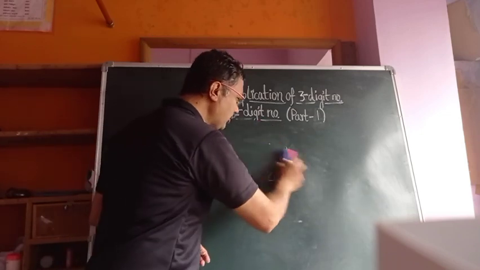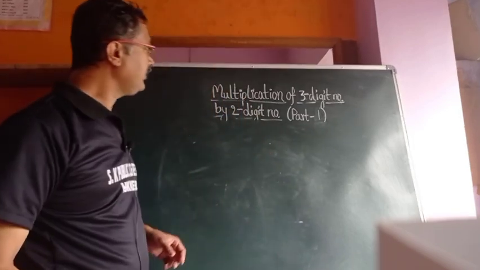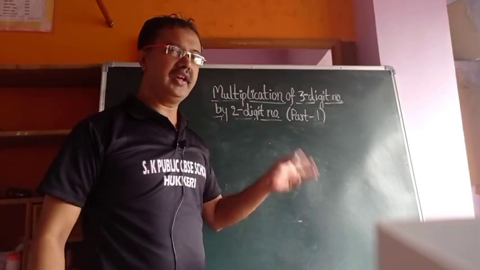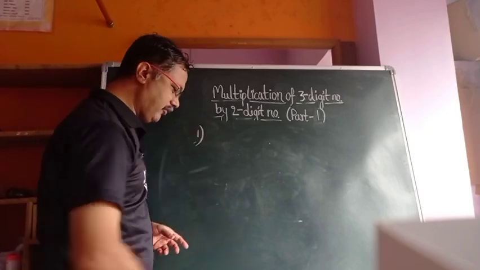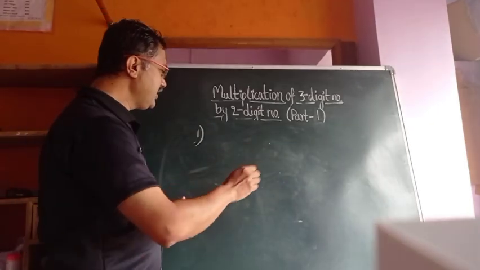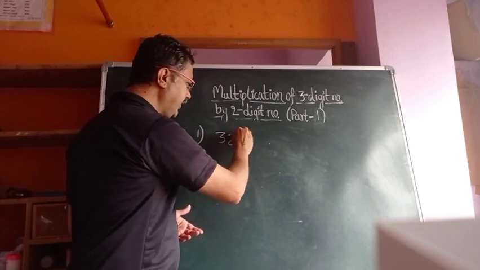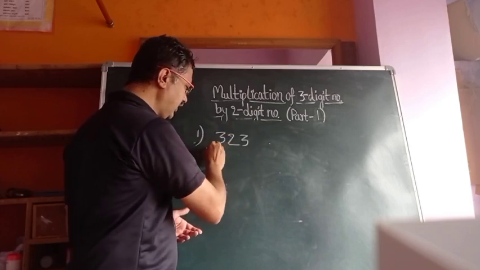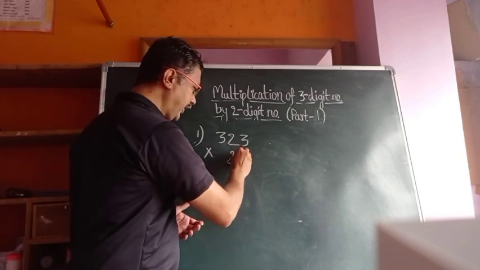Okay, now we will come to your academic session. Multiplication of a 3-digit number by a 2-digit number. First we will take the first example, any 3-digit number, 323 into 23.